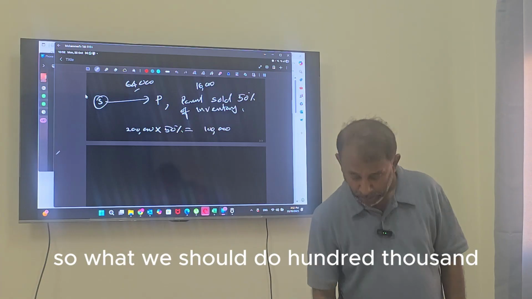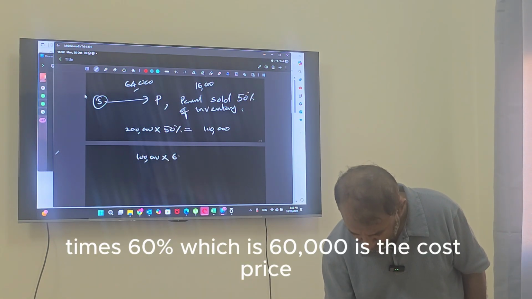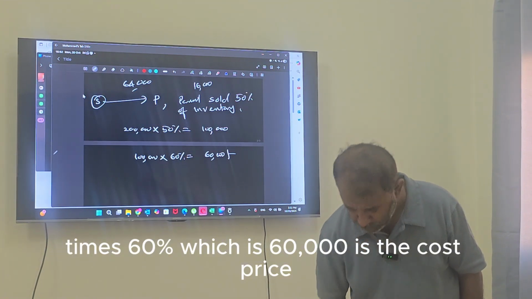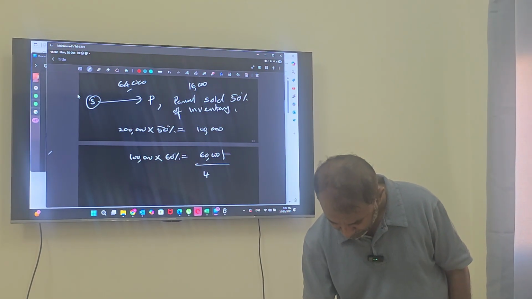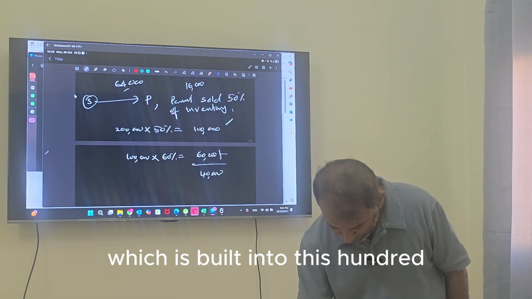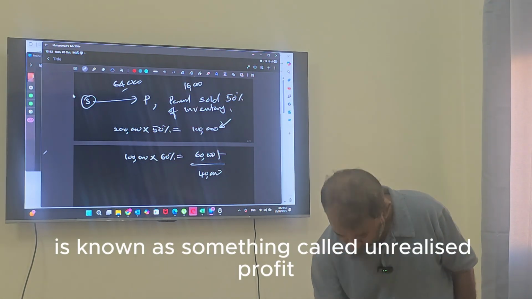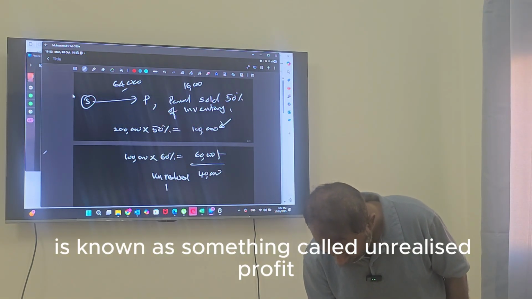So we need to bring it down to reach the cost. What we should do: 100,000 times 60%, which is 60,000, is the cost price. So the remaining 40,000, which is built into this 100,000, is known as unrealized profit.